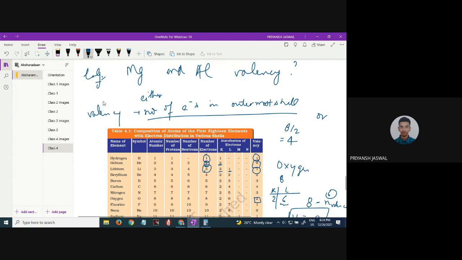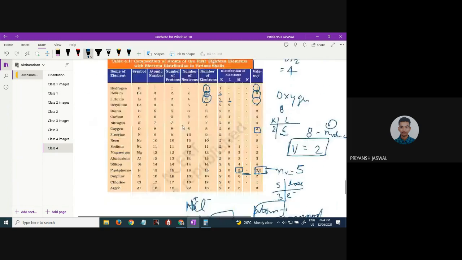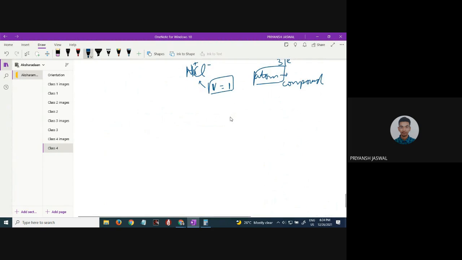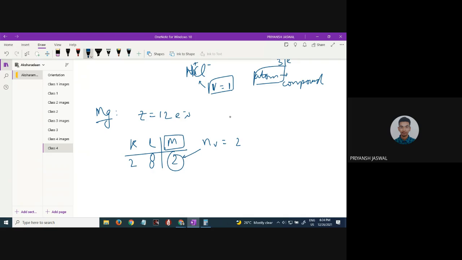So we were on this example, magnesium and aluminium. For magnesium, we have Z is equal to 12. It has 12 electrons. So we will apply Bohr-Bury rule: 2, 8, and 2. So the number of valence electrons is 2, which is in the outermost shell, M shell.